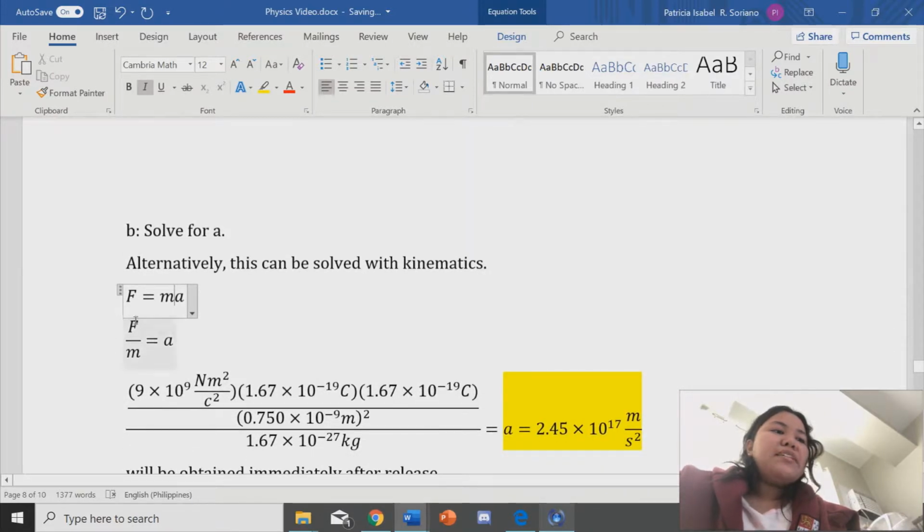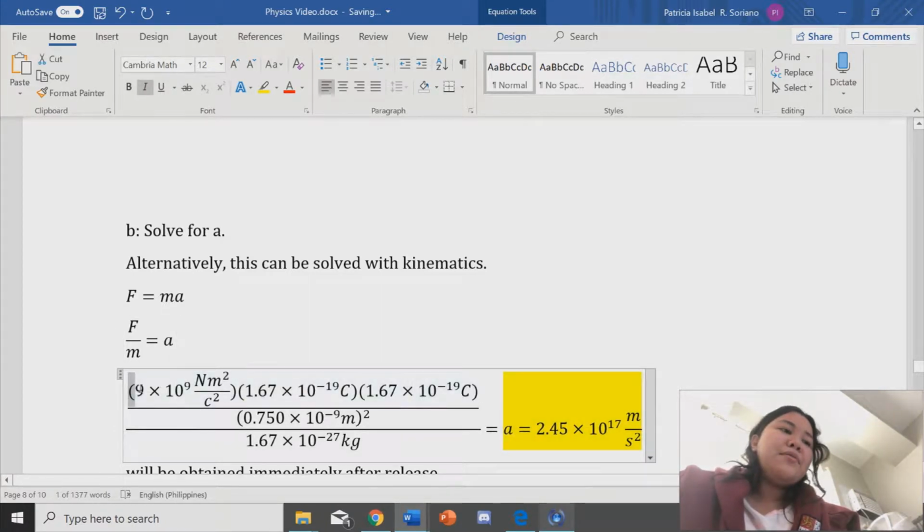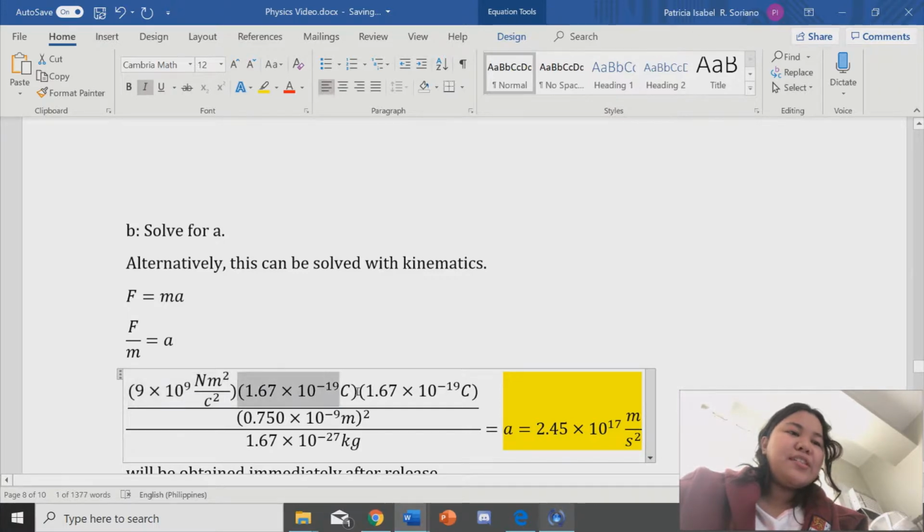And now we substitute on F the entire Coulomb's law formula. Again, this is our 9 times 10 raised to 9 Newton meter squared per Coulomb squared. That is our proportionality constant. Again, these two are the charges of the two protons.